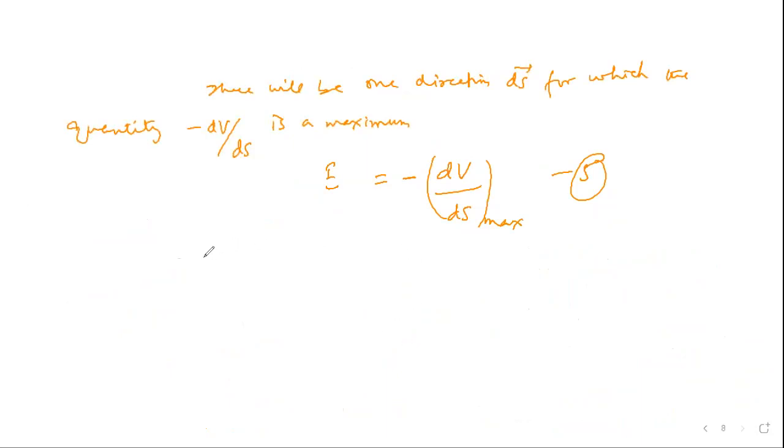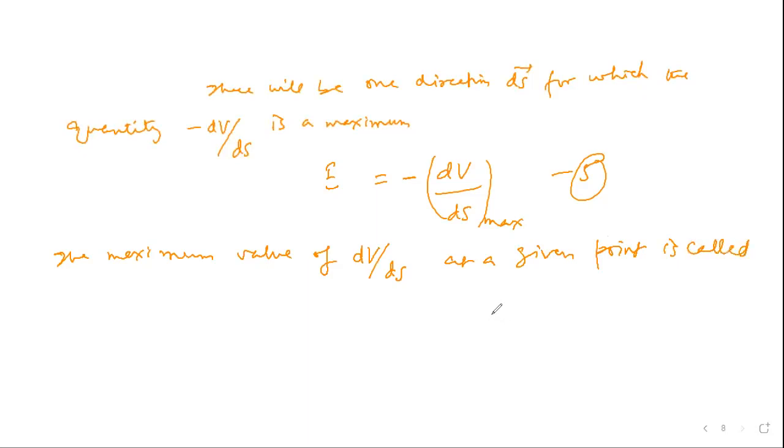Now this maximum value of dV by ds at a given point is called the potential gradient at that point, right?